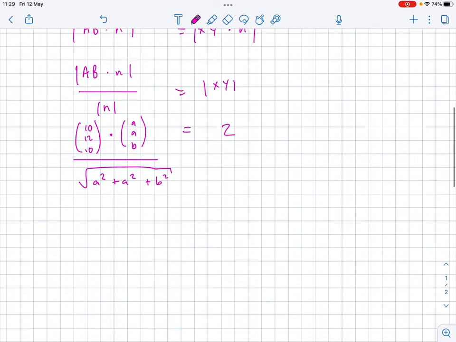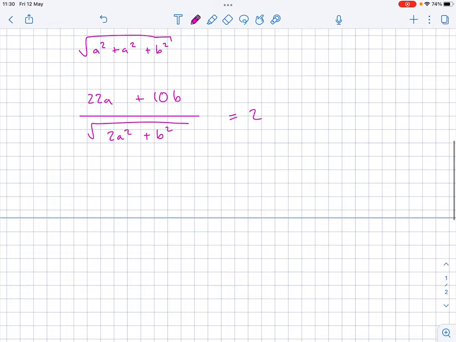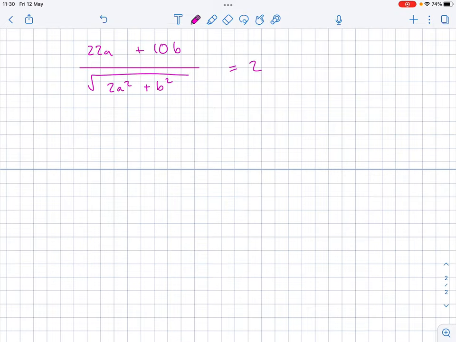So let's actually do this dot product. So we'll end up with 10A, 12A, so 22 lots of A, plus 10 lots of B, over the square root of 2A squared plus B squared, equals 2. Okay, bit of cancelling there. We can divide each side by 2, which would be quite nice.